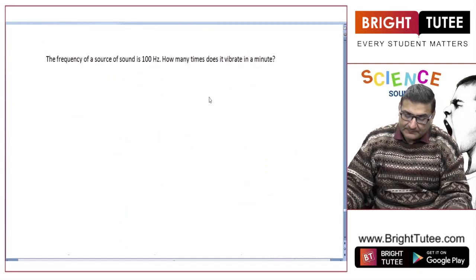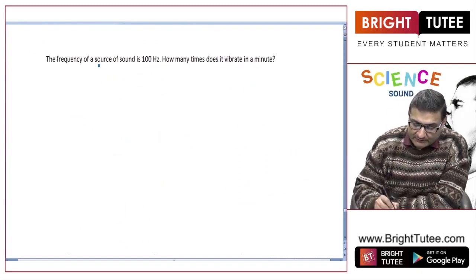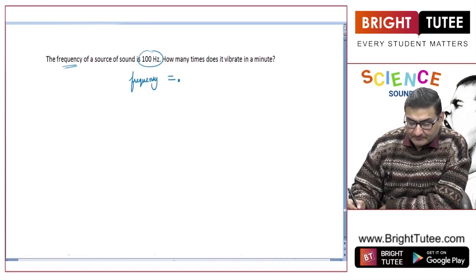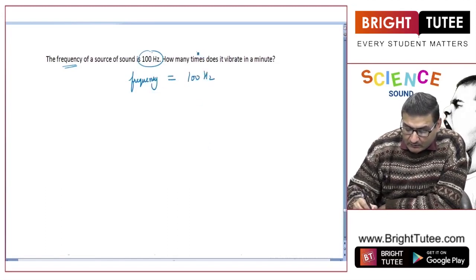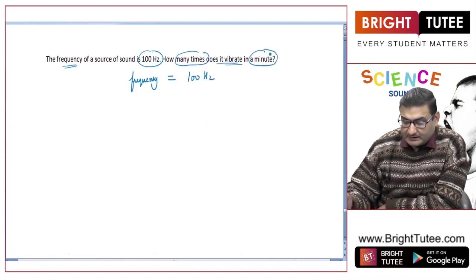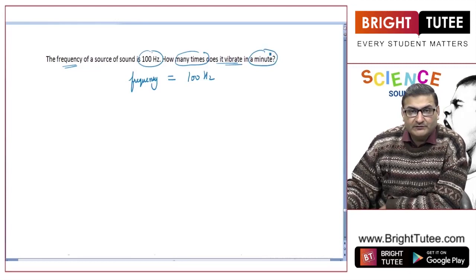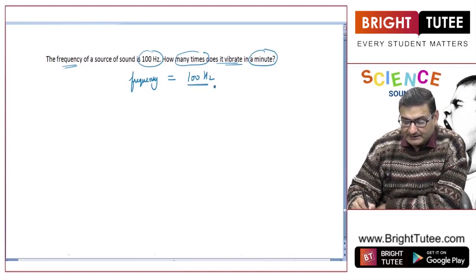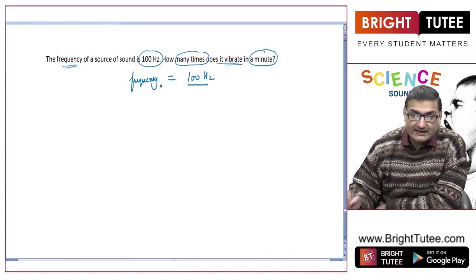Clear? The frequency of a source of sound is given to us to be 100 Hertz. How many times does it vibrate in a minute? Now, first of all, we need to relate what frequency is. Frequency is the number of vibrations per second.